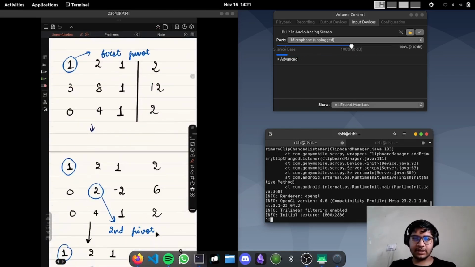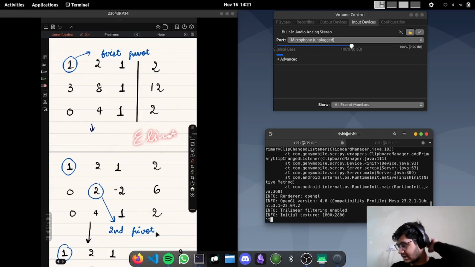To convert this matrix to this matrix, we just need another matrix, which will be pre- or post-multiplied by this to form this matrix. We will call that an elimination matrix.